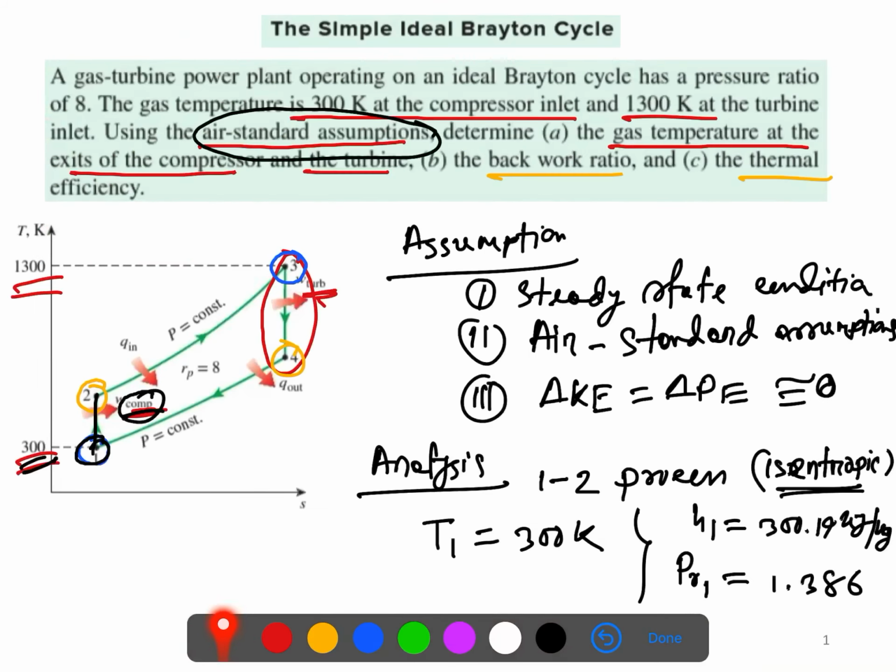Here what we did, we know all of these values for T1. Now we need to calculate T2, and actually we don't know anything for T2. If we can calculate Pr2, that means the relative pressure for the exit of the compressor, then we will be able to get T2.